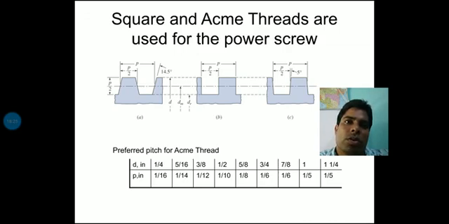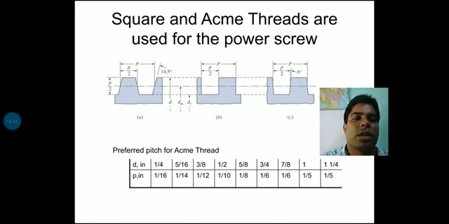So the square thread is there, and you can see the angle, pitch and so on, and the pitch for the acme thread is expressed as pitch diameter, where D means diameter of the acme thread and P means pitch.